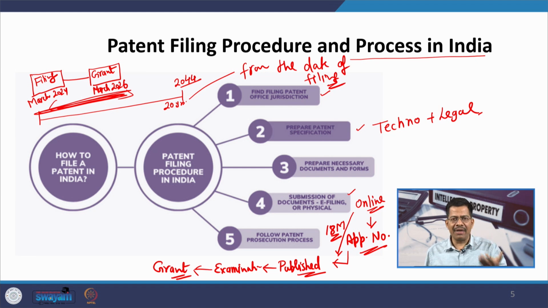Therefore, it has to be thought through, because you are not going for just one or two applications. When we talk of portfolio management, it means your organization handles, let us say, 1000 patent applications every year, and therefore the extra cost of publication and examination needs to be thought through very carefully.